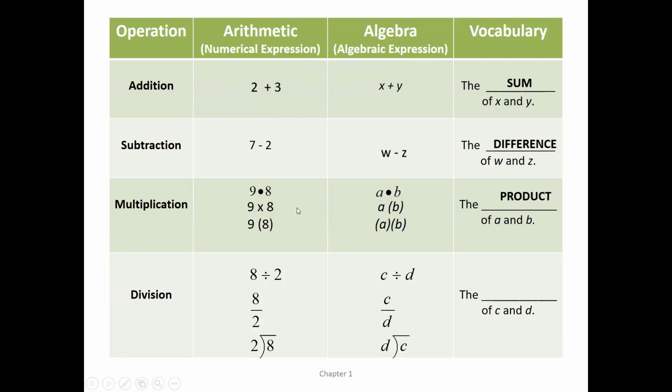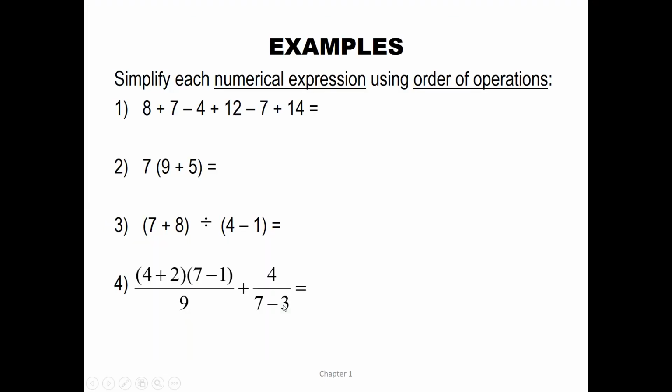So the answer of a multiplication is the product. Division can also be expressed in several different ways. The divide sign, we can express this as a fraction, or we can use the famous handwritten division sign. And of course, the answer is the quotient. So we can do that with all of these.